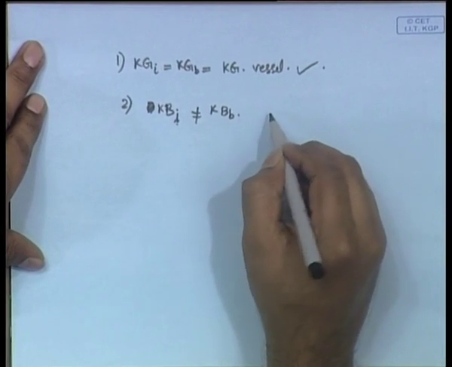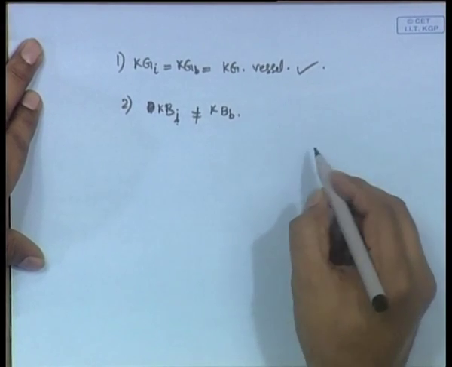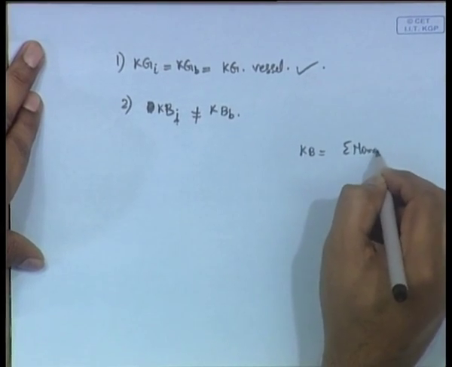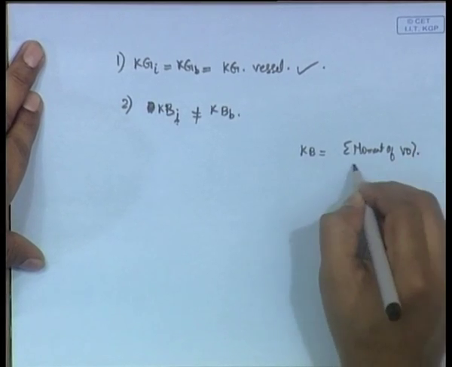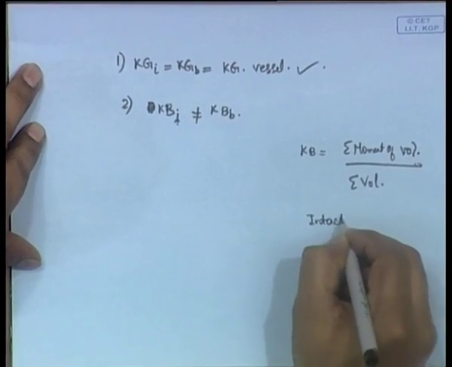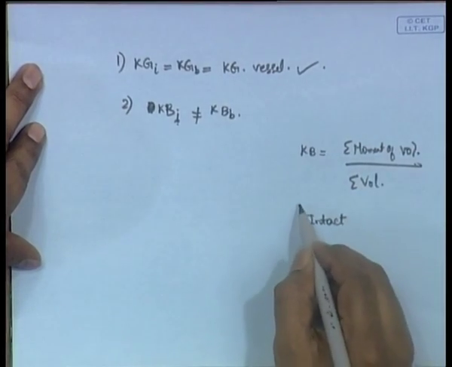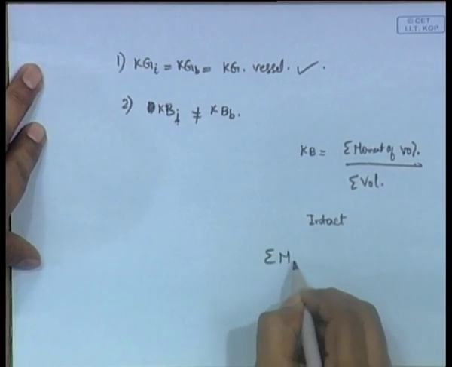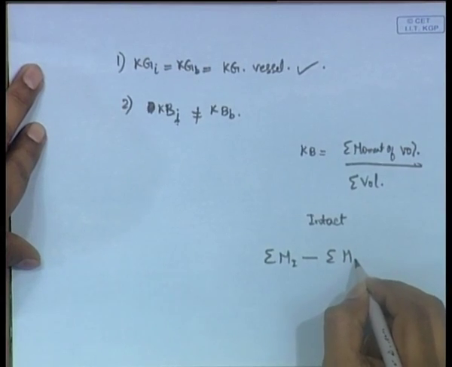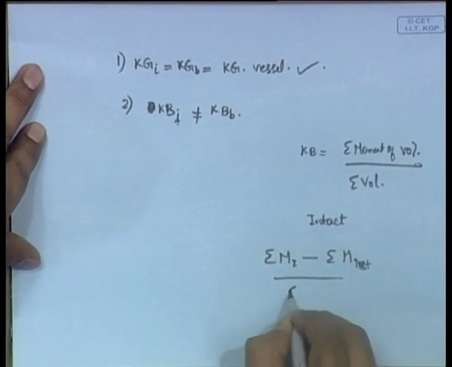The best way, if you want to find it, is that KB is always equal to the sigma moment of volume divided by sigma volume. You take the intact ship, the sigma moment for the intact ship minus the sigma moment for the lost volume, divided by sigma volume.